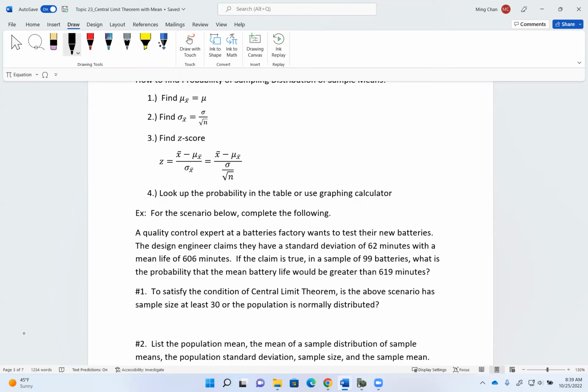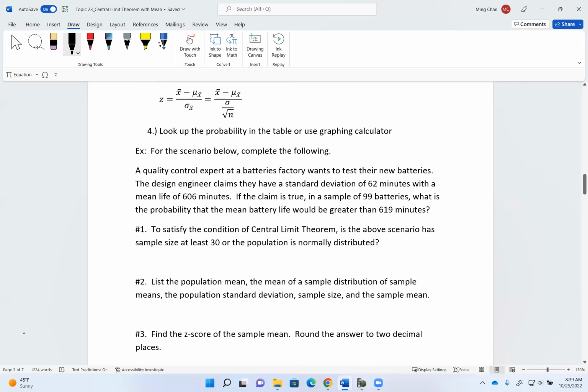A quality control expert at a battery factory wants to test their new batteries. The design engineer claims they have a standard deviation of 62 minutes with a mean life of 606 minutes. So what I mean is, of all the batteries that they make, they found that their mean is 606, standard deviation is about 62 minutes.